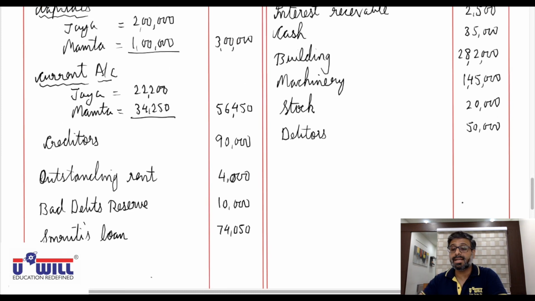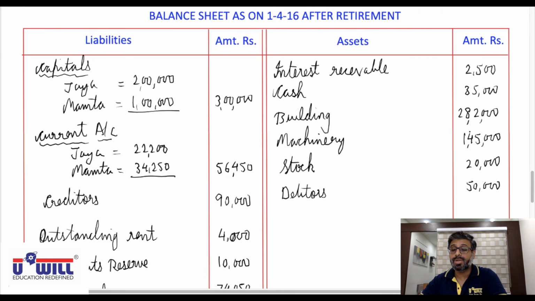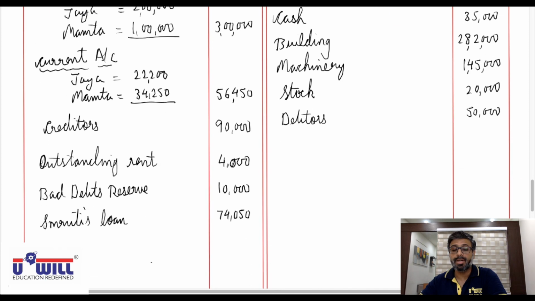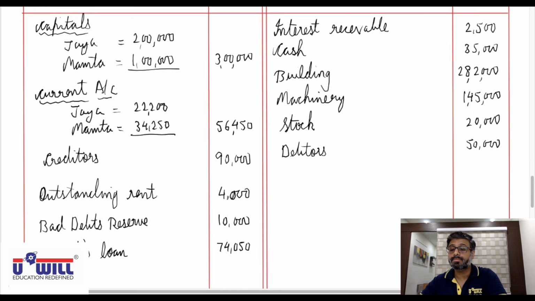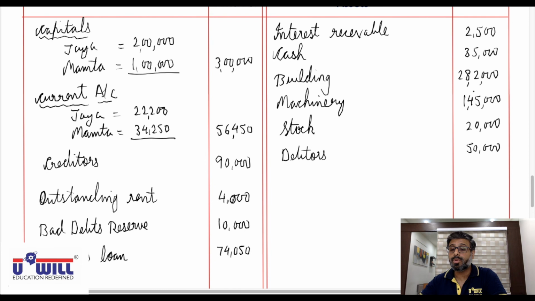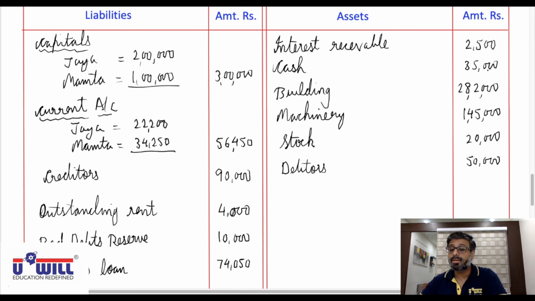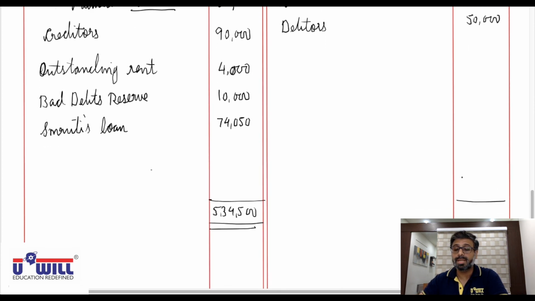If we do the asset side, then 2,82,000, 382, 420, 427, 477, 497, 527, 529,500, and so on. Must be coming same, 5,34,500.